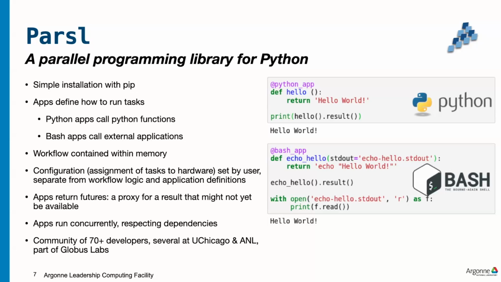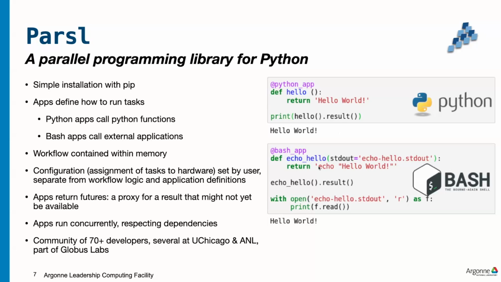So obviously you can run native Python functions or applications, but there's a way in which you can create what's called a bash app that will execute any command line command. These two apps here are both running hello world. They give you the exact same result. One's the Python app version, one's the bash app version.